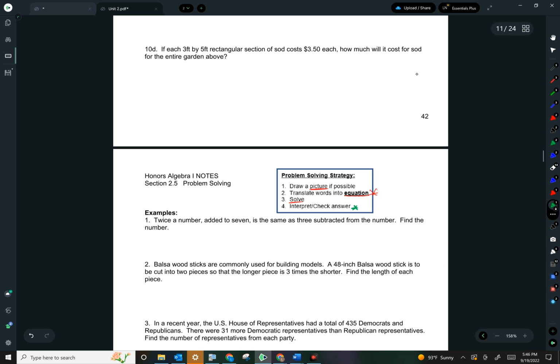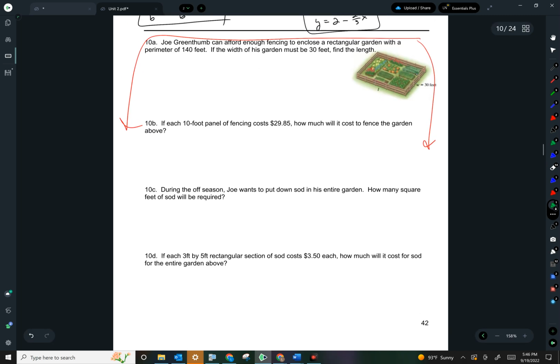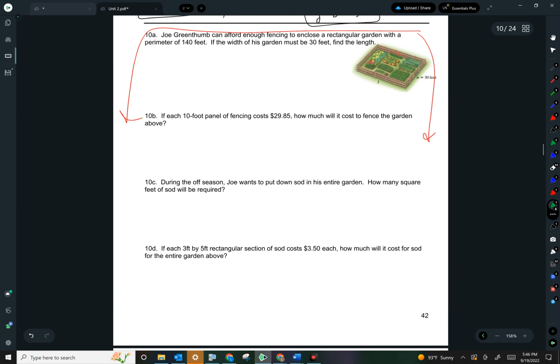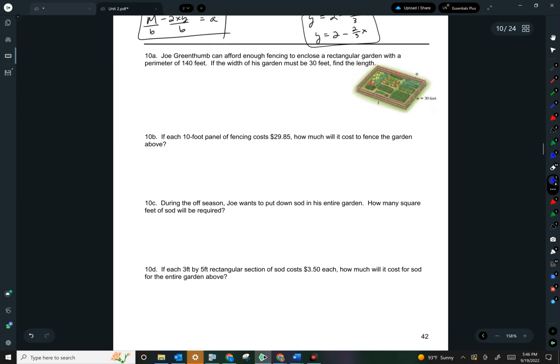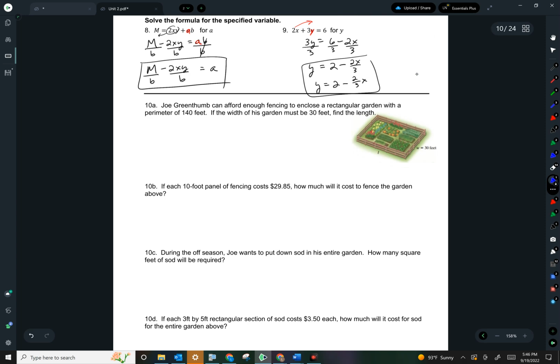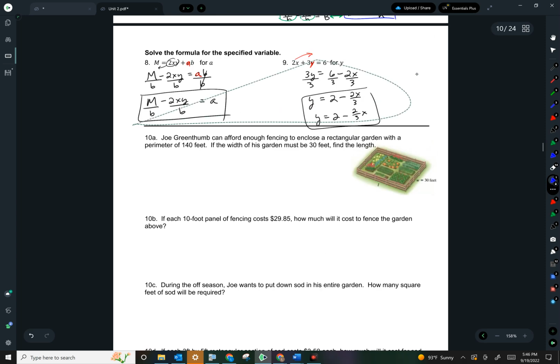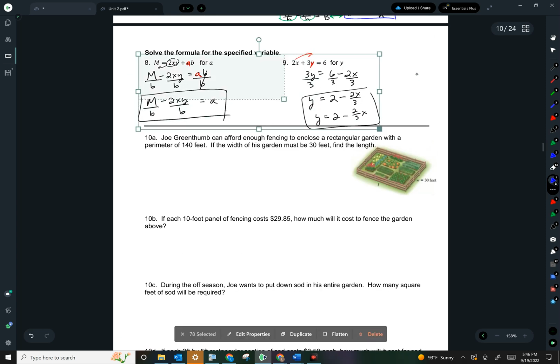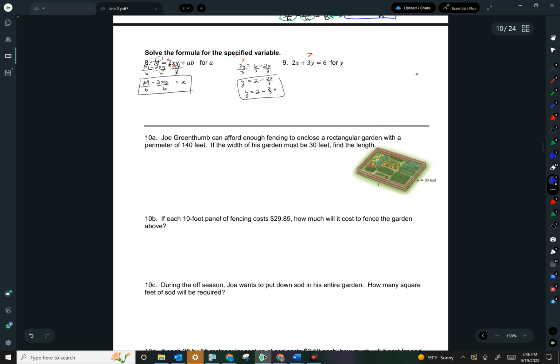So I'm going to go back to what we left off in section 2.4 because really this should be section 2.5. And I'm going to pull in these examples. So we're on page 42. And I'm going to write down those three steps that we just talked about for problem solving.